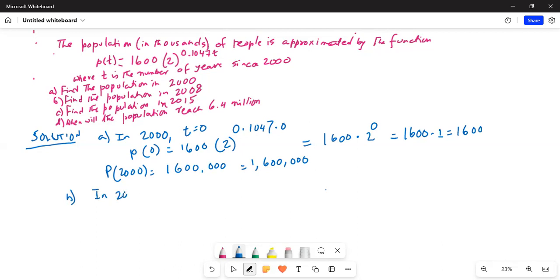Part B, find the population in 2008. In 2008, t is equal to 2008 minus 2000, because 2000 is 0, which is 8.